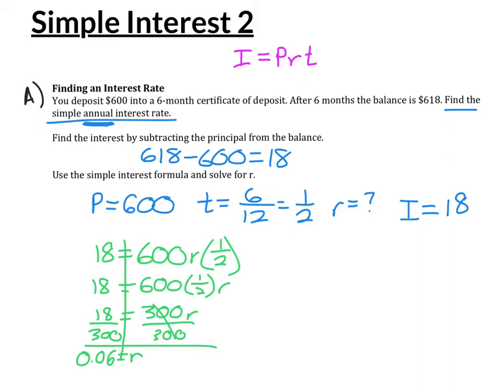So the rate of interest, R, equals 0.06. Now remember, we write this rate of interest as a percent. So our rate of interest becomes 6% after we move the decimal 2 places to the right here, 1, 2.